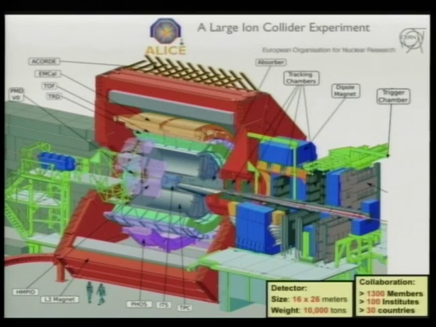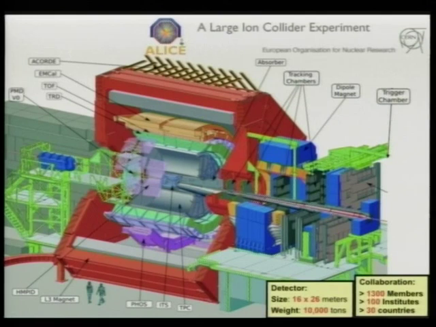Here you see the beam line going through. Particles are coming in this direction, other particles are coming in this other direction. They collide here in the center, the so-called interaction point, and then the particles that you saw before travel into these detectors. They are all specialized detectors, and then we have to reconstruct.